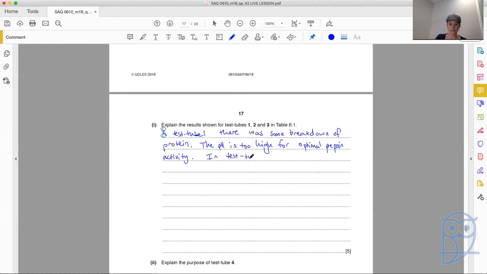In test tube 2, remember we're explaining, we're not describing. It went from cloudy to clear. We're explaining why it went from cloudy to clear. The enzyme activity is highest as hydrochloric acid causes a low pH.